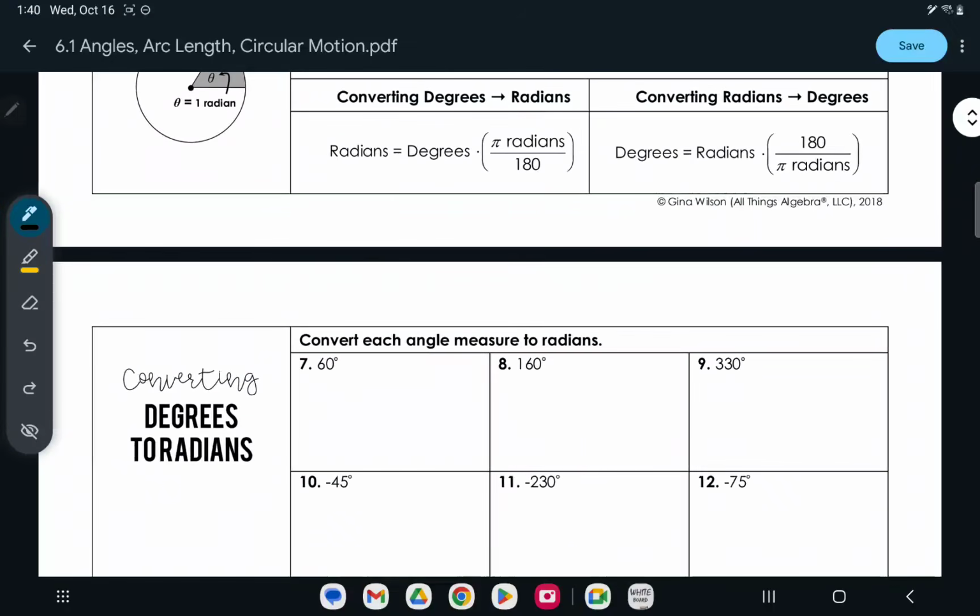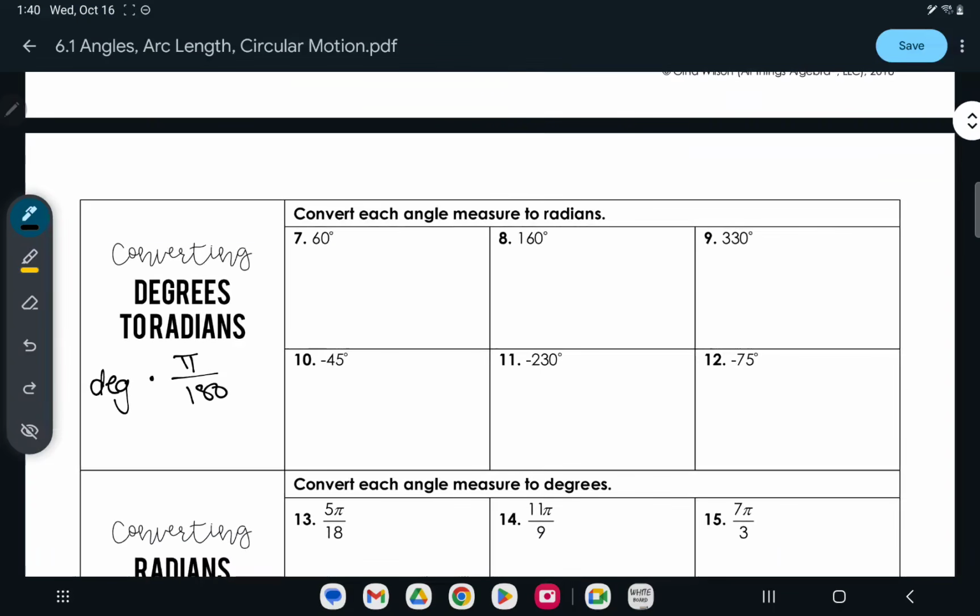Let's look at some. Degrees to radians: we take the degree and multiply it by pi over 180. This first one we have 60 times pi over 180, and we reduce 60 over 180, which is 1/3, so pi over 3.